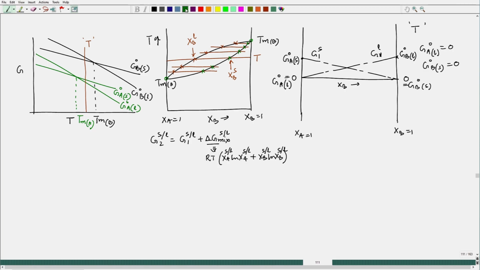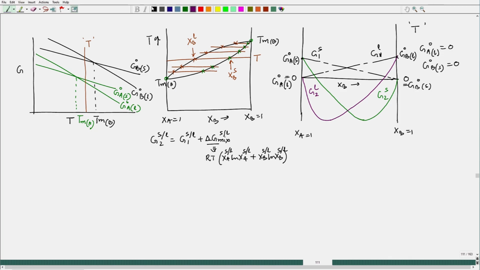So if we do it for solid, this is G2 solid, and the liquid one would be G2 liquid, because G2 liquid corresponds to G1 liquid and G2 solid corresponds to G1 solid.